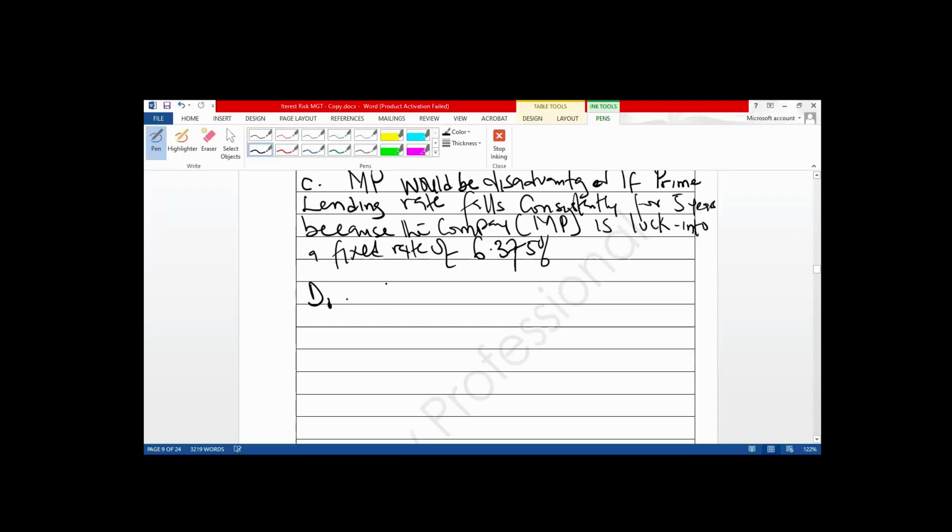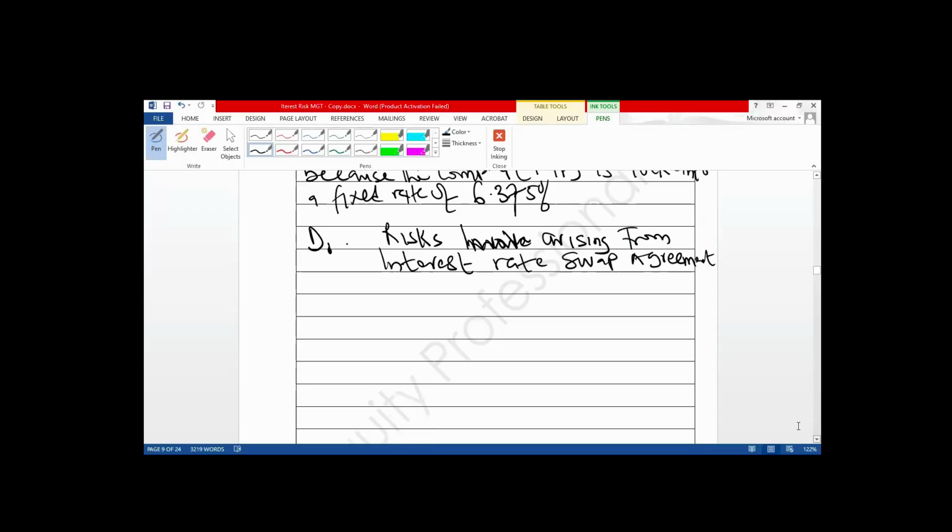Requirement D. Risk involved or arising from interest rates swap agreements.